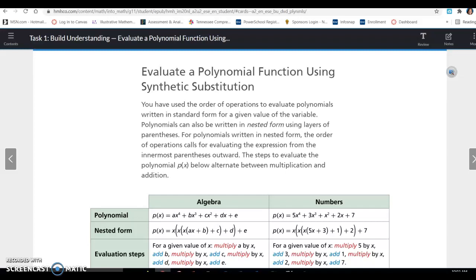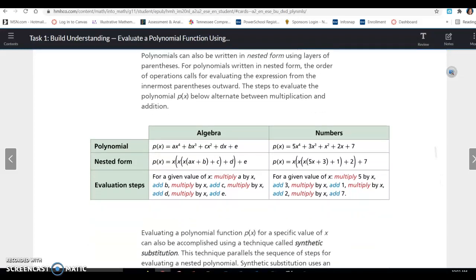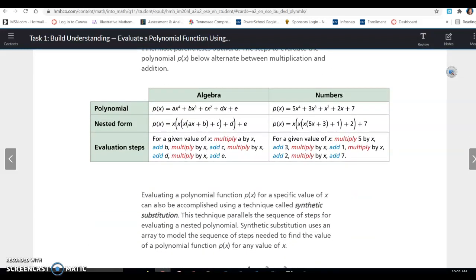For polynomials written in nested form, the order of operations calls for evaluating the expression from the innermost parentheses outward. The steps to evaluate the polynomial p of x below alternate between multiplication and addition. That's important. We're going to alternate between multiplication and addition, and that's similar when we do synthetic division as well.